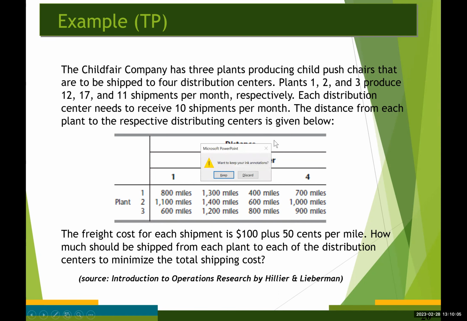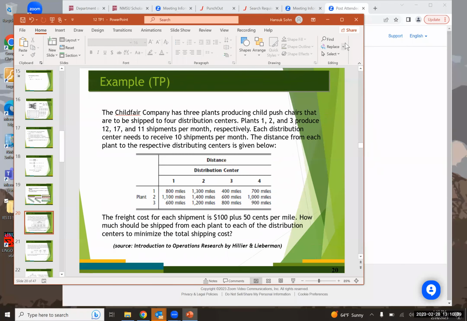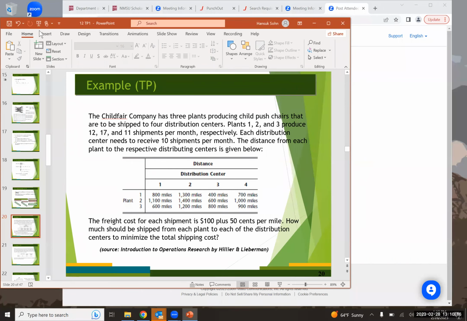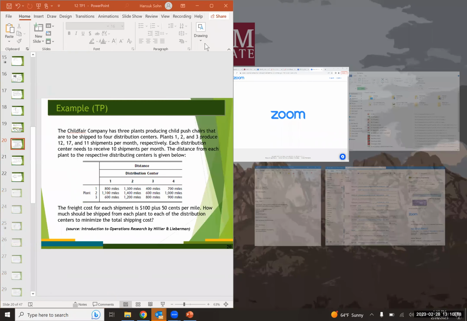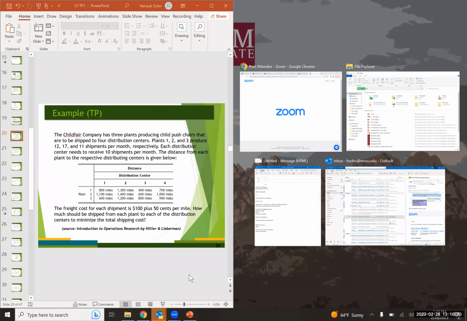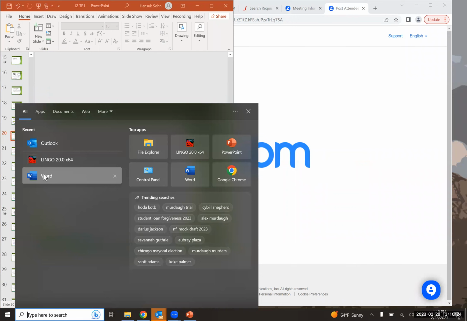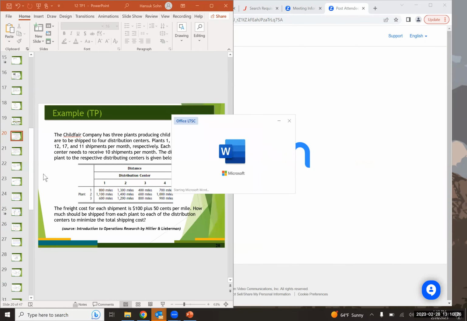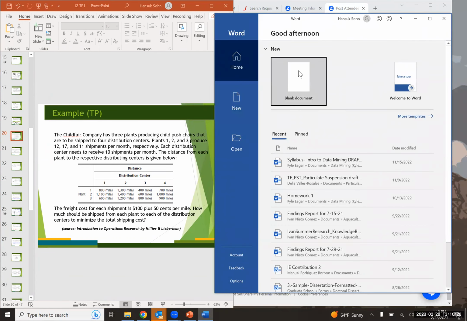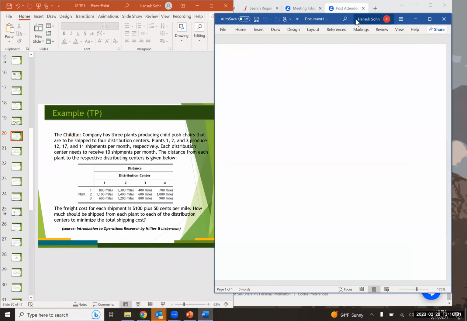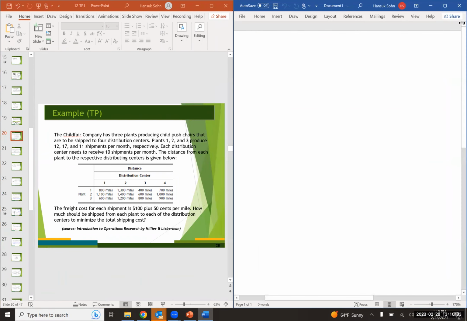Let me split this screen in half and open up Microsoft Word.